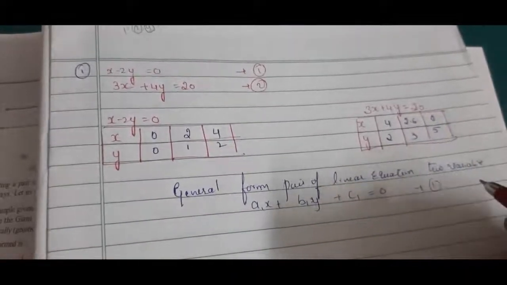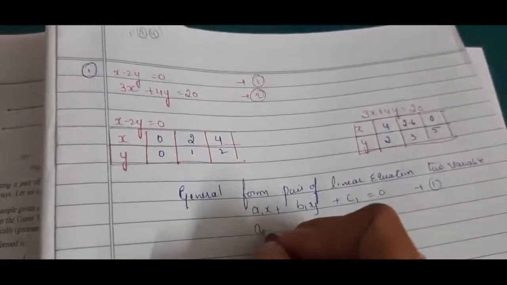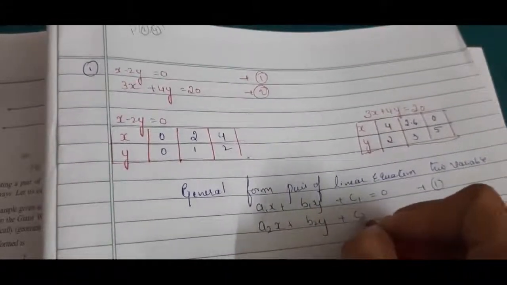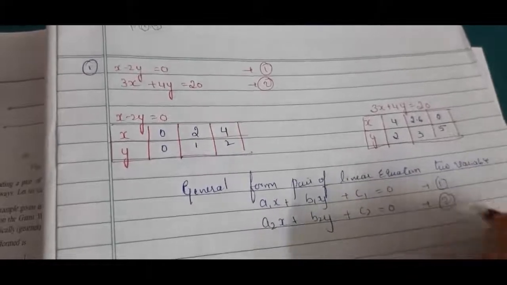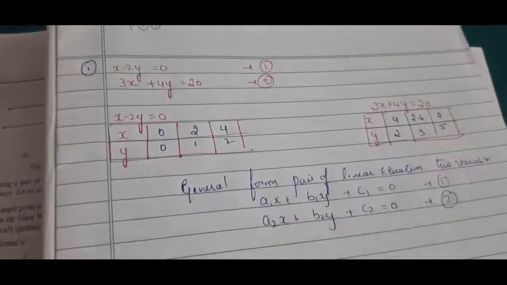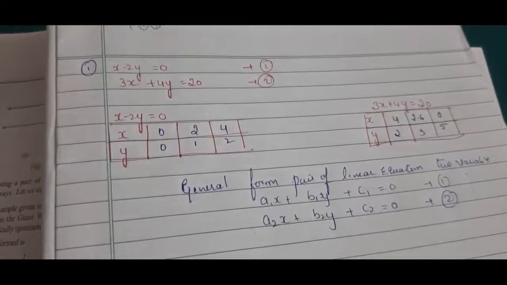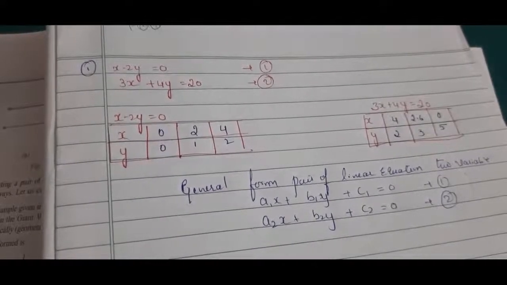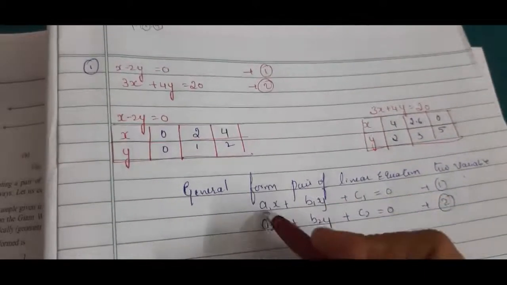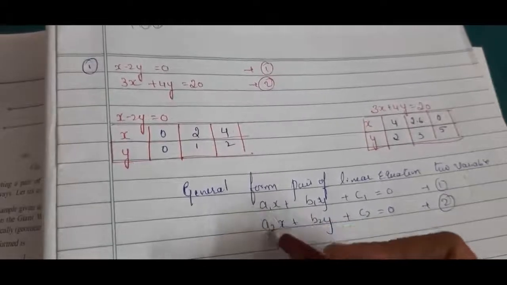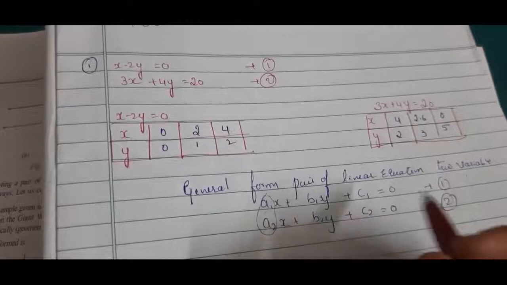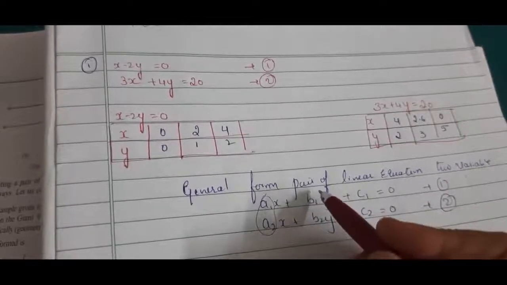This is one linear equation. And the second equation, a2x plus b2y plus c2 equals 0. This is equation 2. This is the general form for a pair of linear equations in two variables. Here a1, b1, c1, a2, b2, c2 are constant terms.